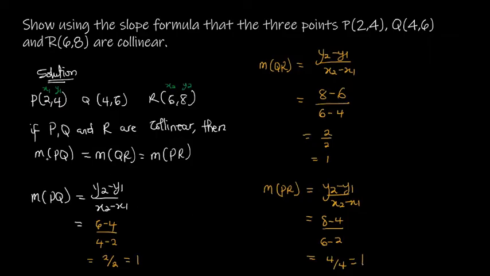So we can see that the gradient of the points PQ is 1, which is equal to the gradient of the points QR, which is also 1, and which is equal to the gradient of the points PR, which is also 1.